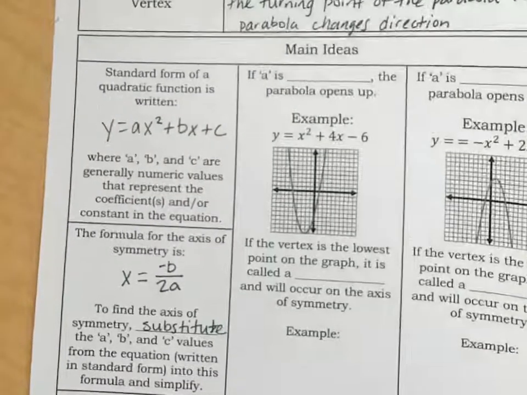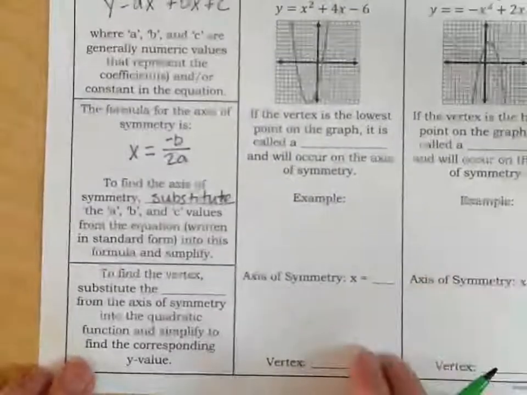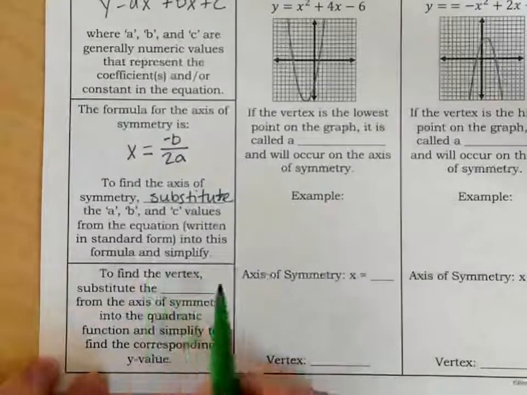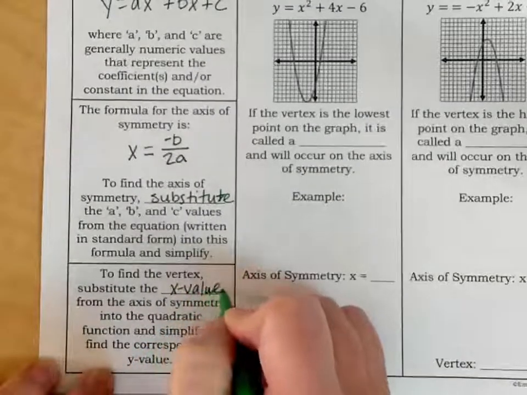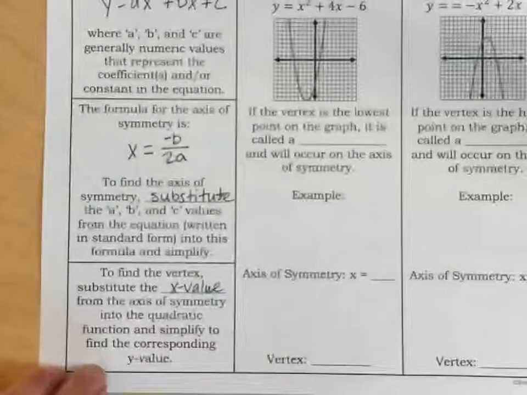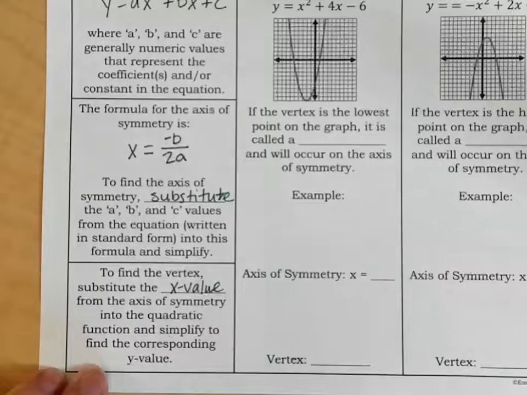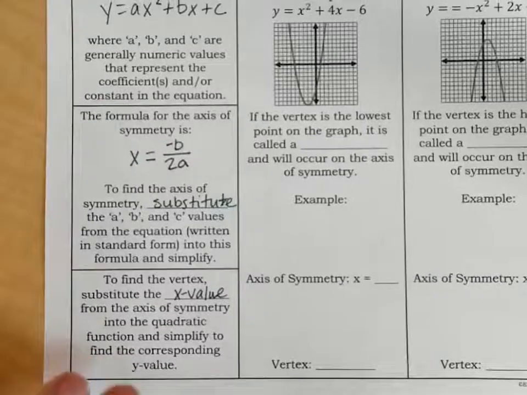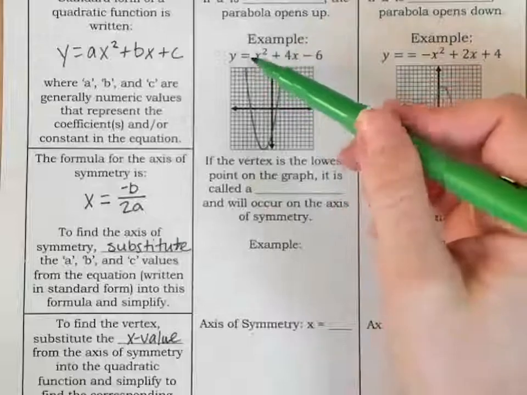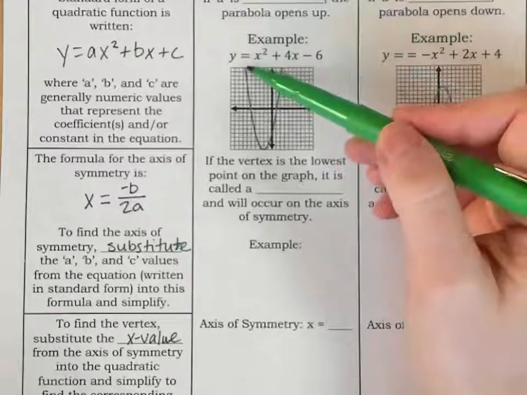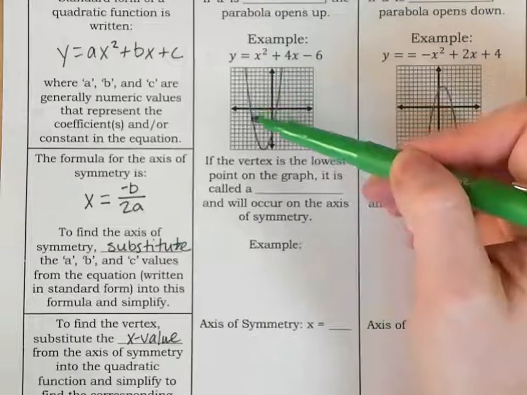All right, the final piece of this down at the bottom: to find the vertex, you're going to substitute the x value from the axis of symmetry into the quadratic function and simplify to find the corresponding y value. So basically, if you look at this example graph, we have a parabola. It's moving in a downward direction.